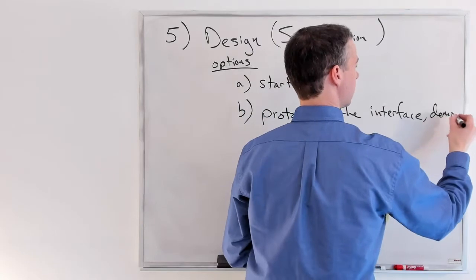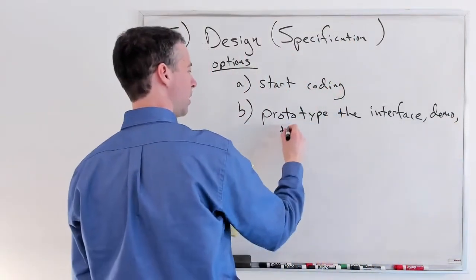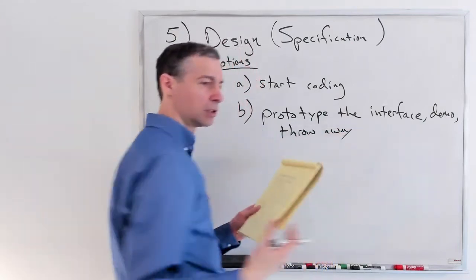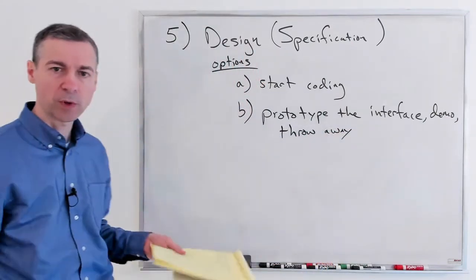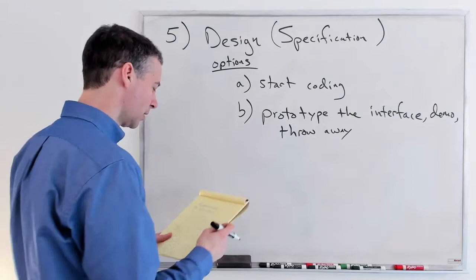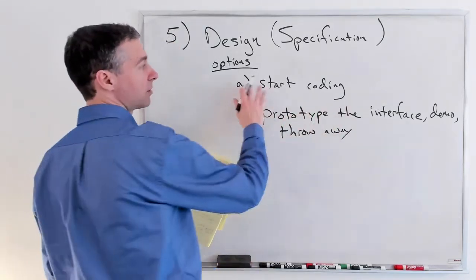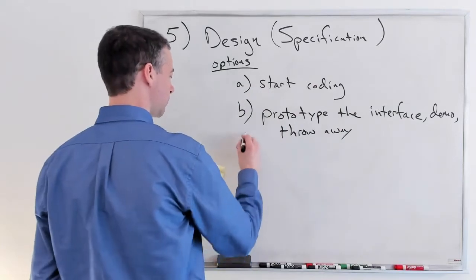They'll then demo this to people, get feedback, and then they throw this work away. This is just to learn and avoid wasting their efforts. So it's sort of designed by building something lightweight rather than designed by building the whole thing.